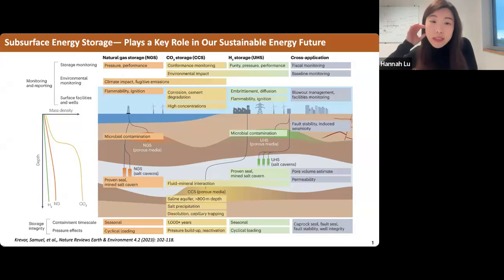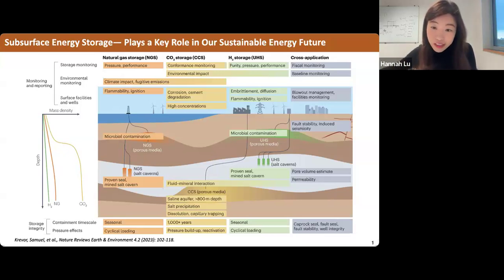But nowadays, with a variety of energy resources, it is also very important to have a steady, sustainable energy system. We need renewable energy to be combined with energy storage. So the subsurface serves as one of the natural resources that we can use as a system to store energy and power our energy system.